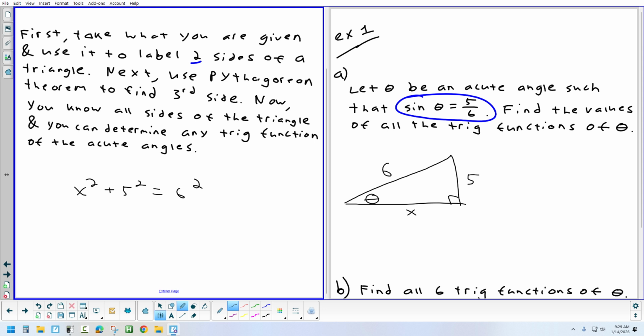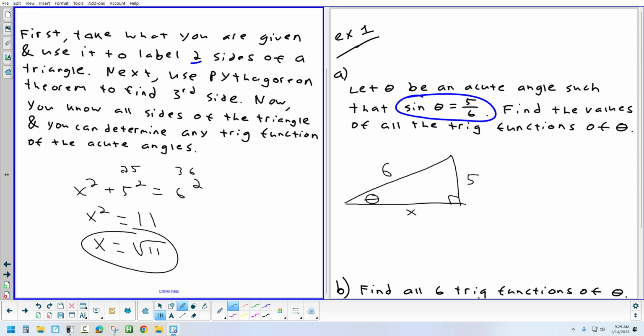So set up your Pythagorean theorem. That's 25. That's 36. When you bring the 25 to the other side, what's 36 minus 25? Yep, 11. And now we got to get the square root.